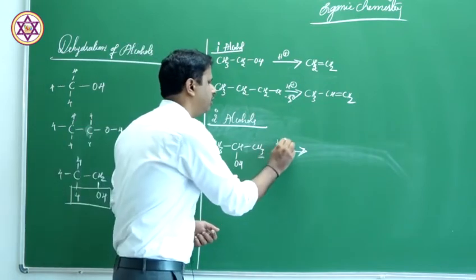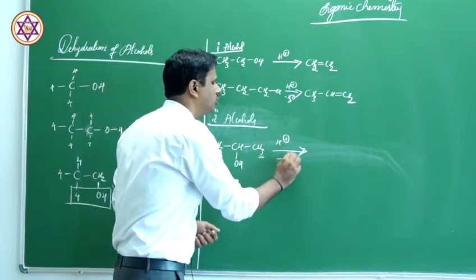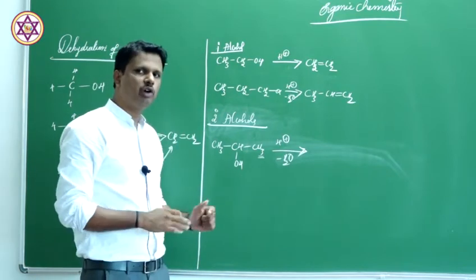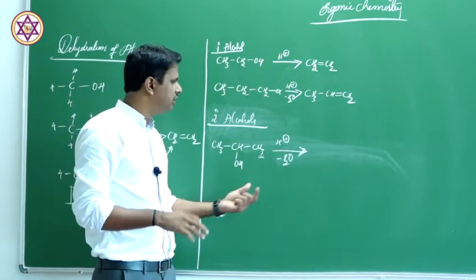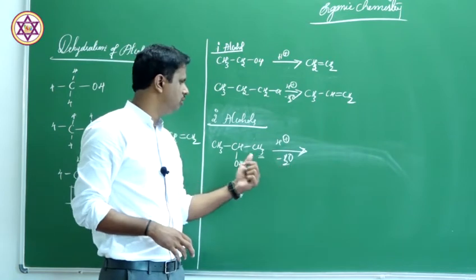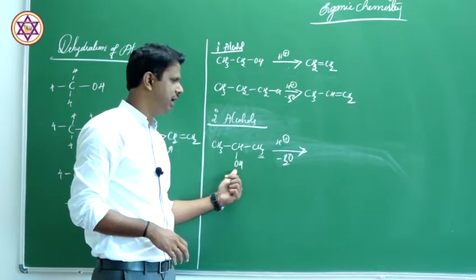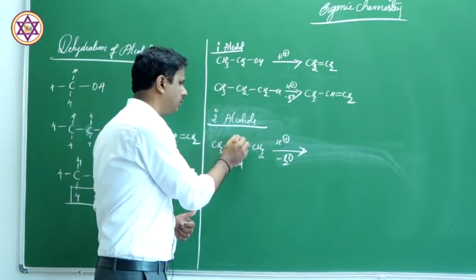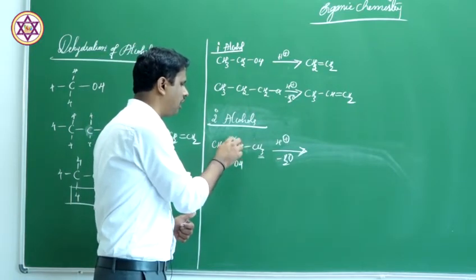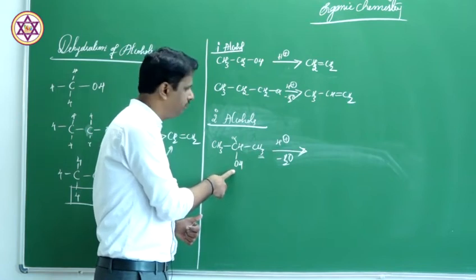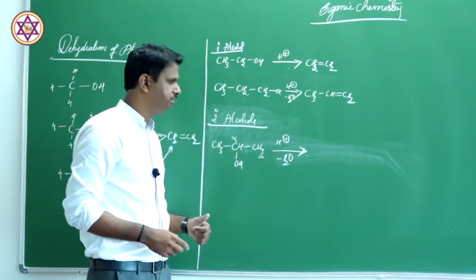If I say, for example, H plus, it undergoes dehydration. Since we are not discussing the mechanism, we just try to understand that water is being eliminated, hydrogen from this carbon and OH from this alpha carbon atom. For information, alpha carbon means the one which bears the functional group, and beta is the one next to it.